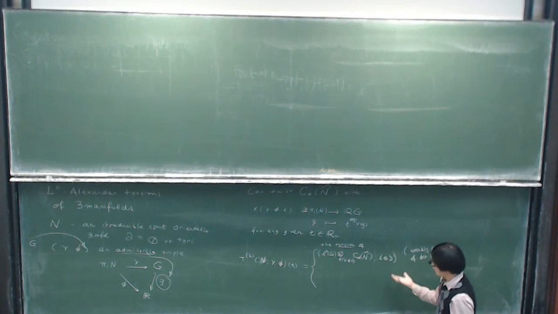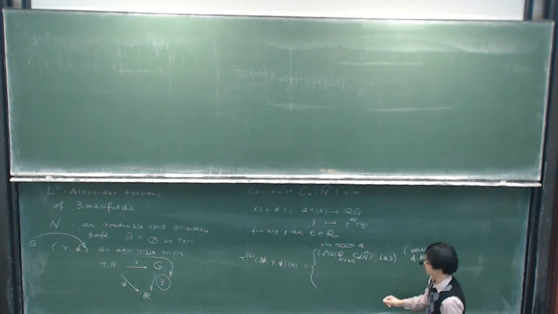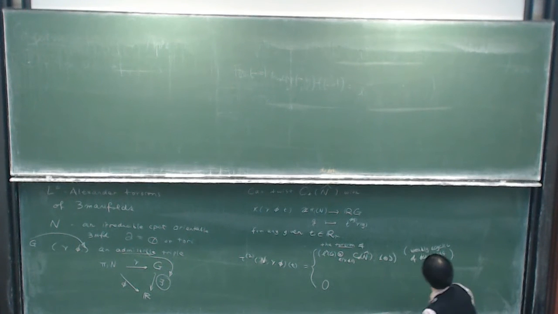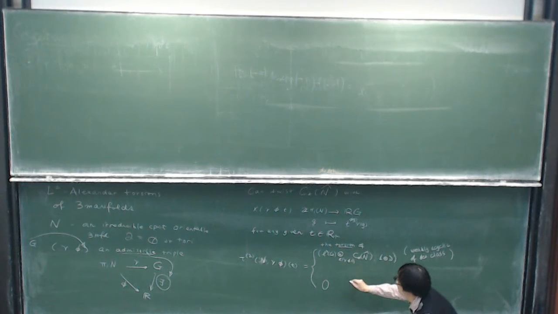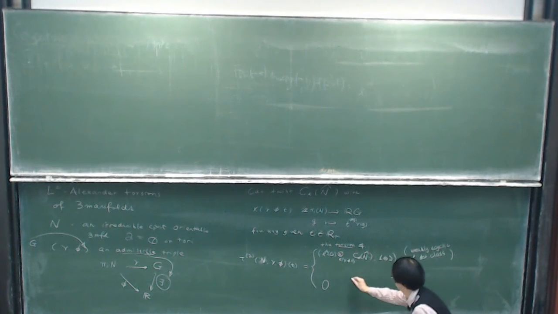Otherwise, this is not well defined. I mean, you cannot properly speak of torsion in that case. So by convention, we just put it to be 0. This definition here follows the paper of Dubois, Friedl, and Lück.